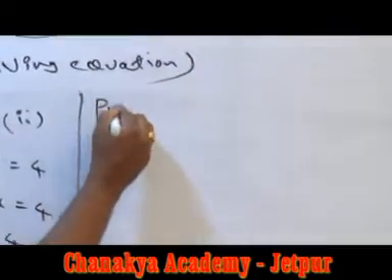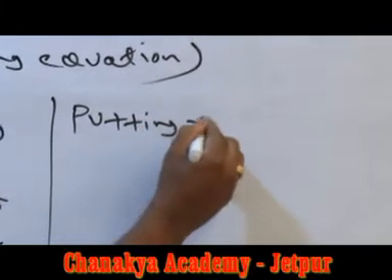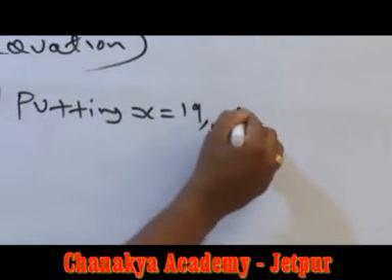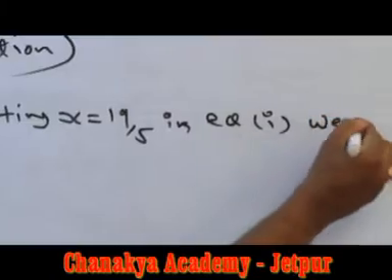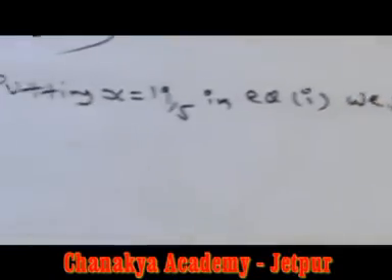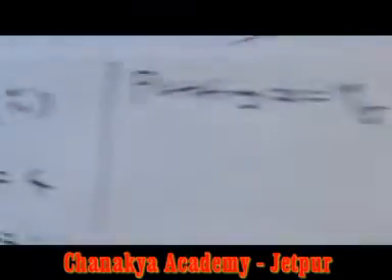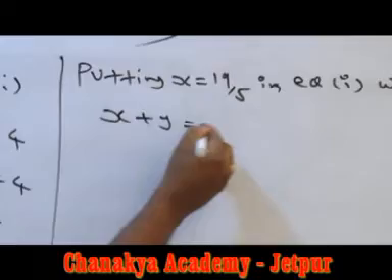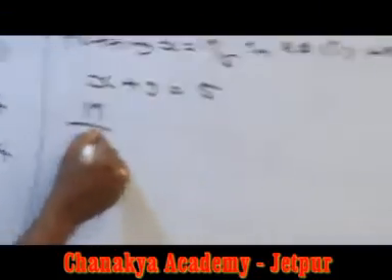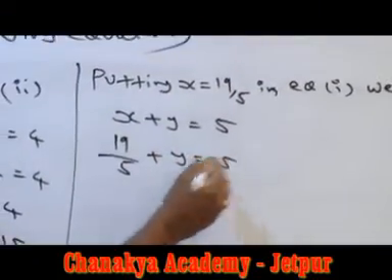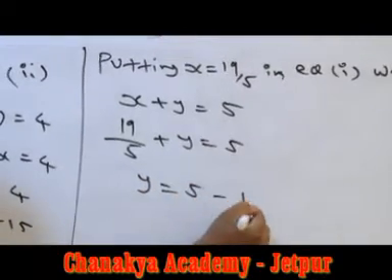Okay, now putting x equal to 19 by 5 in equation number 1, we get, first of all we will rewrite equation number 1, x plus y equal to 5. Value of x is 19 by 5 plus y equal to 5, y equal to 5 minus 19 by 5.